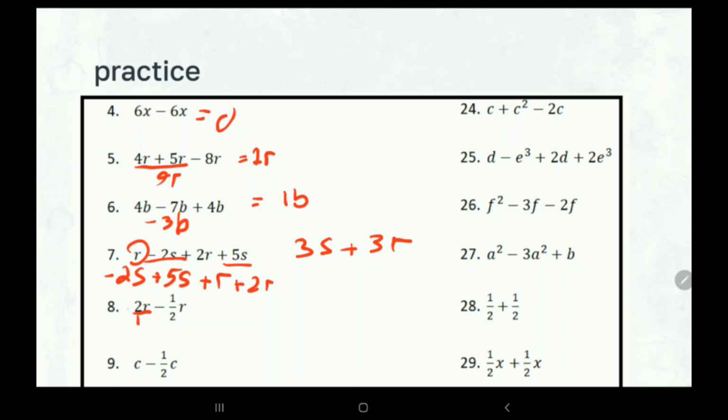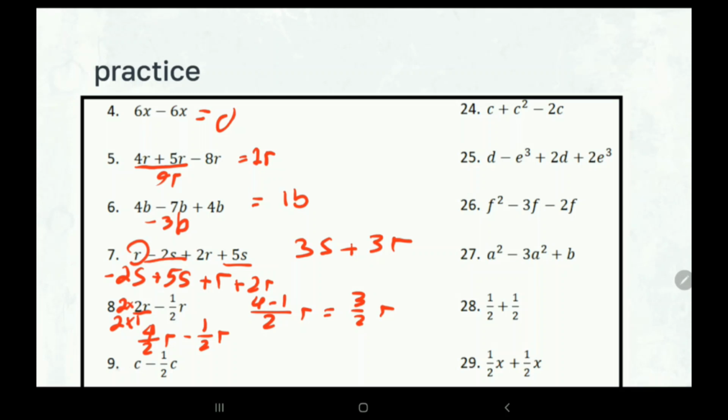So just multiply the numerator and denominator by 2, and we will get 4 over 2r minus 1/2 r. This will be 4 minus 1 over 2r, which equals 3 over 2r.